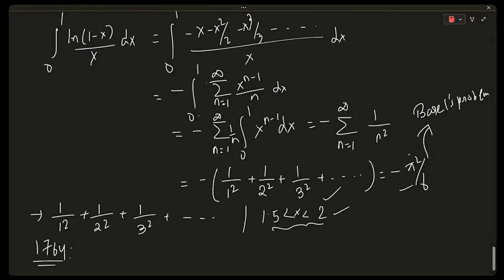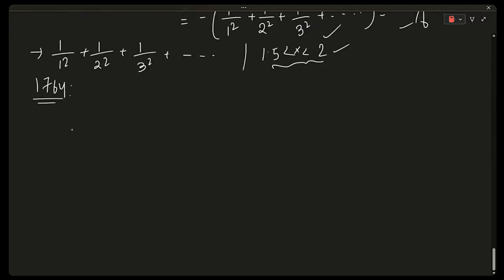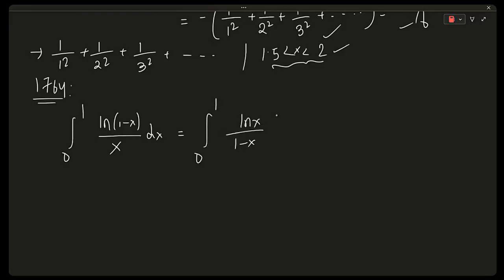If you do not know the value, there is one other way you can use the series expansion, but in a much more known way. If you do not know the expansion of log of (1 minus x) by x, you can rather use the King's property and write it as ln of x by 1 minus x dx.